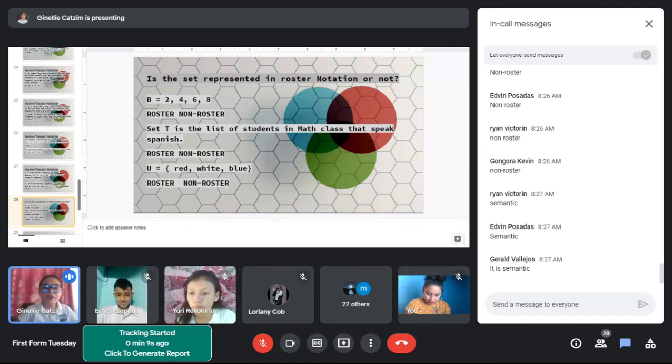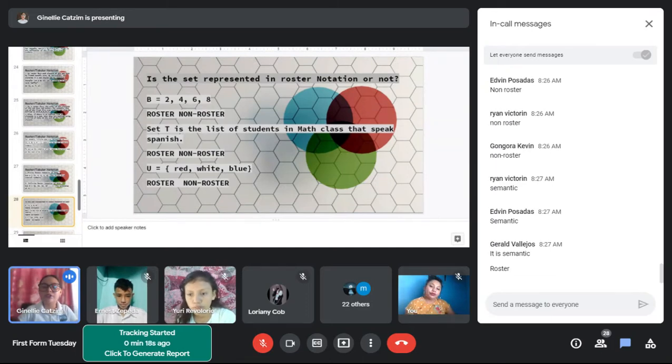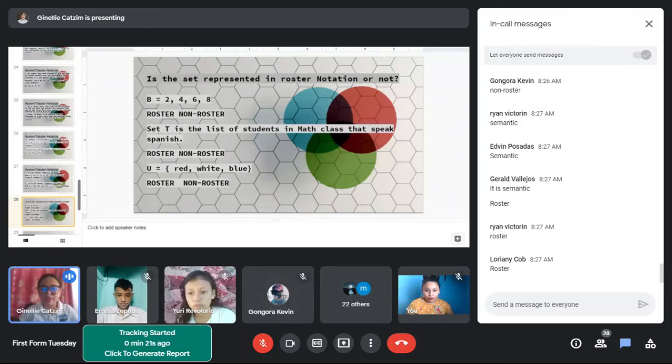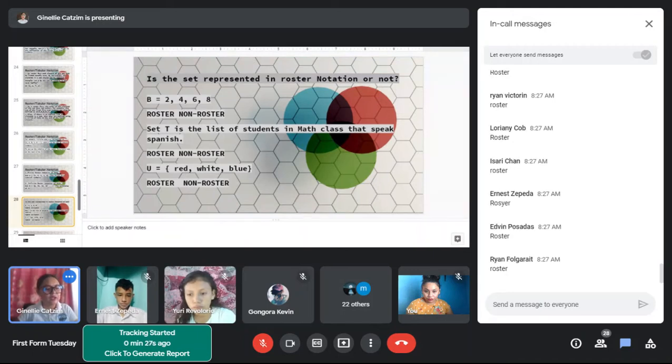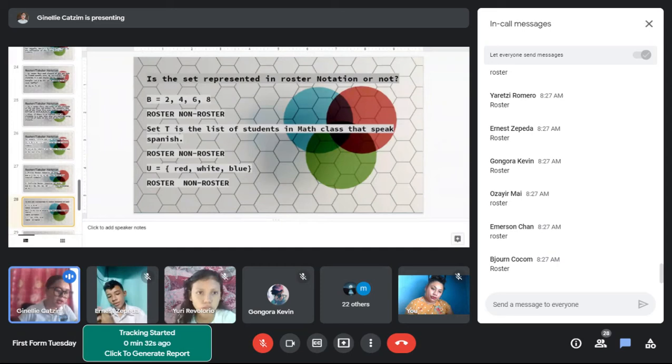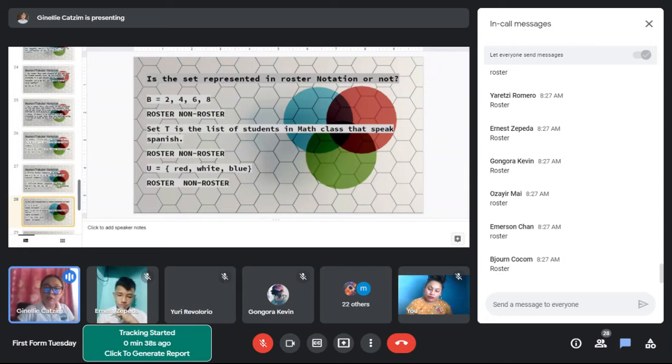Now, set U equals red, white, and blue. Is it raster or non-raster? Raster. Who else says raster? Many of you see it's raster, right?